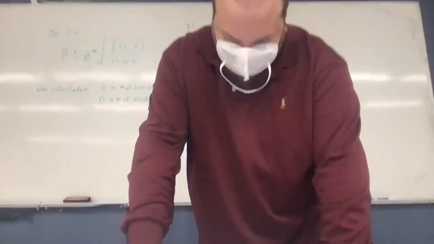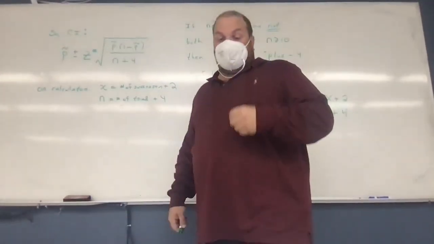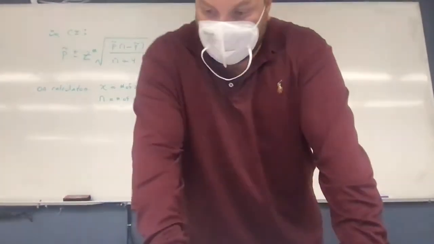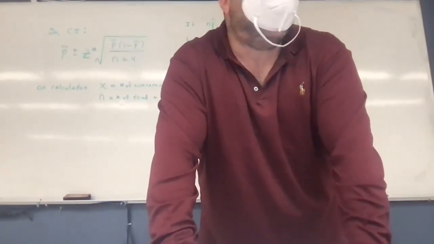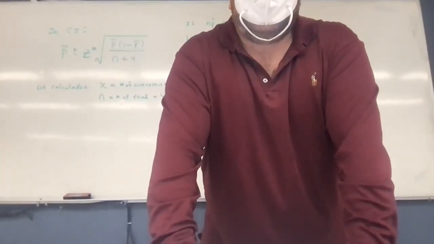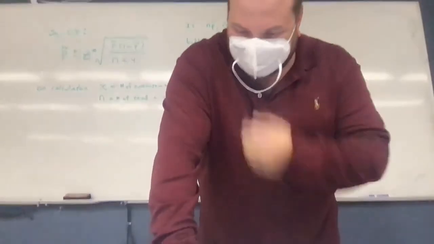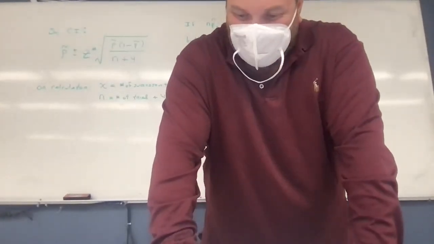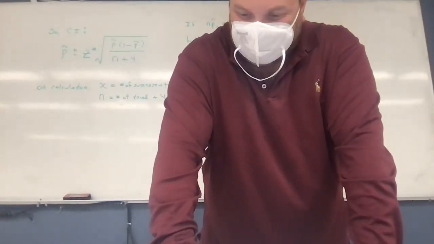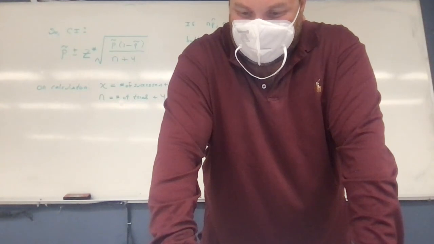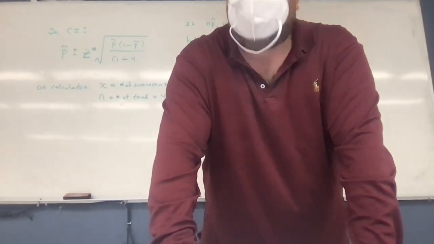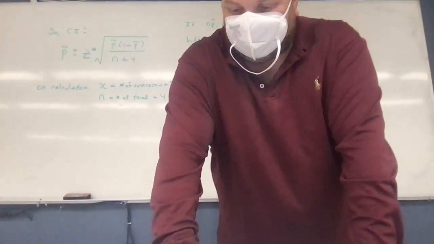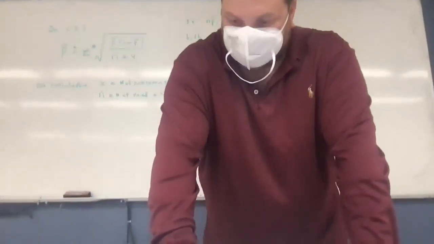Let's do an example. An example near and dear to my heart. Cocaine users commonly snort the powder up the nose through a rolled up paper currency bill. Spain has a high rate of cocaine use.